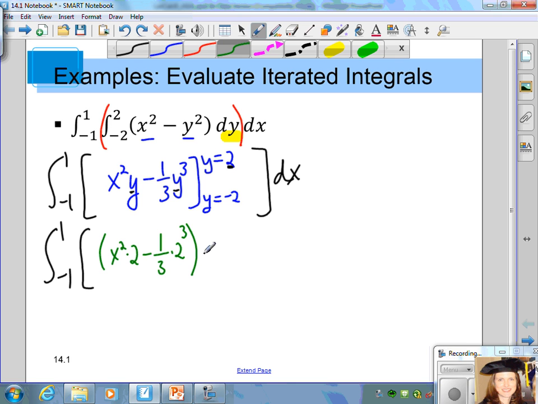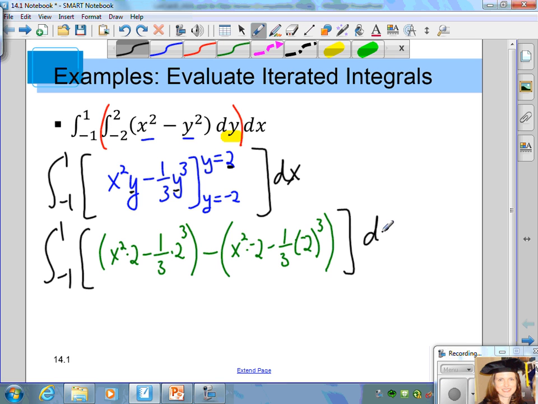That's our upper bound minus what we get when we plug in the lower bound, y equals -2. So that would be x squared times -2 minus 1/3 times -2. In fact, I like to put that in parentheses, (-2) to the third power. All of that simplified, and then that would be our dx.